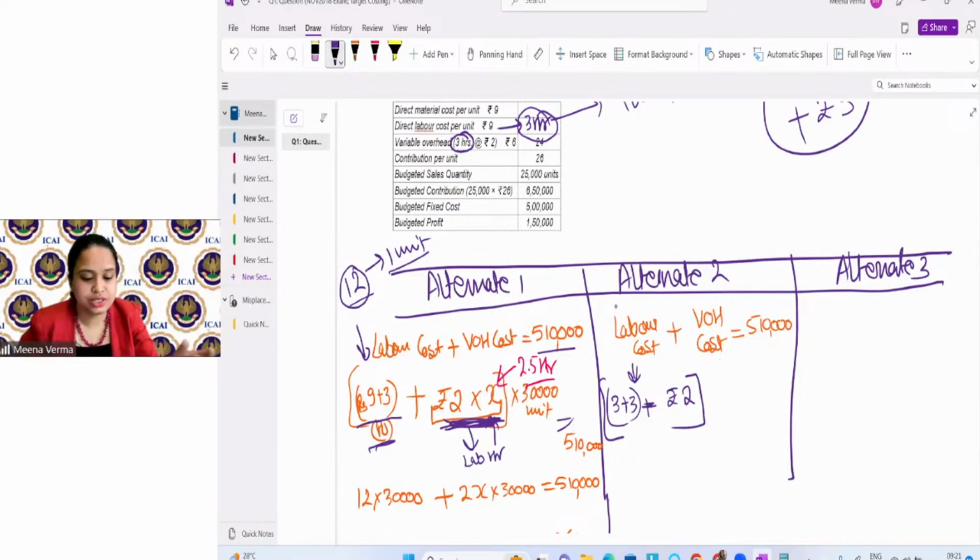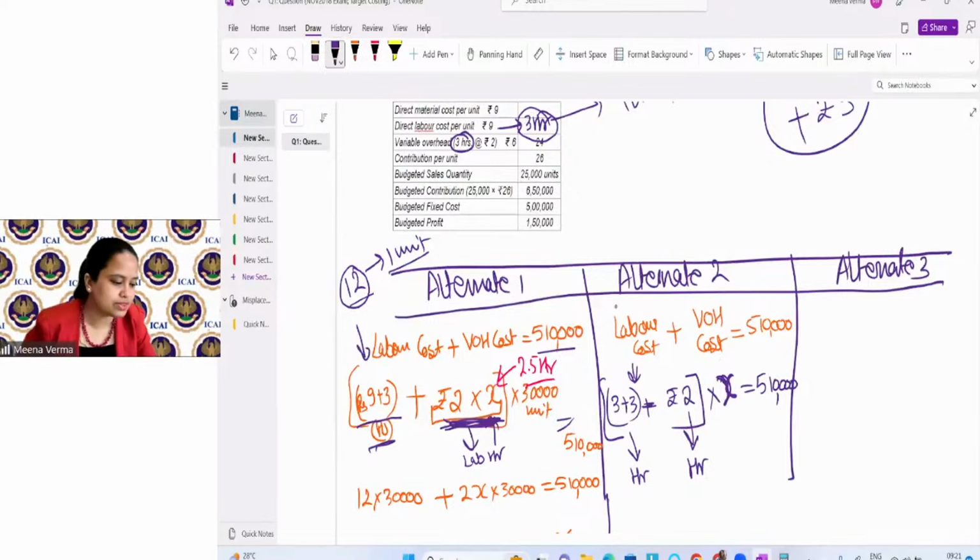But here we are assuming that we are making payment to the labor as well as variable overhead on the basis of hour. Both are on the basis of hour now. So we are just considering what will be the total hours, which will be equal to 5,10,000.